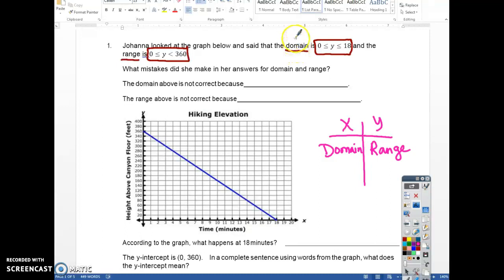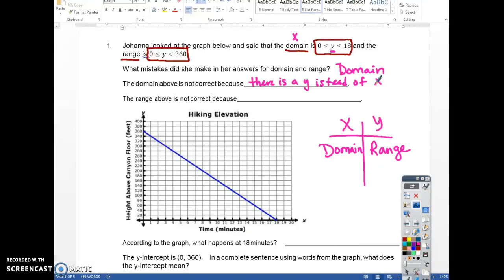On domain, which is supposed to be the X, she put a Y. So she messed up on the domain. The domain above is not correct because there is a Y instead of X.